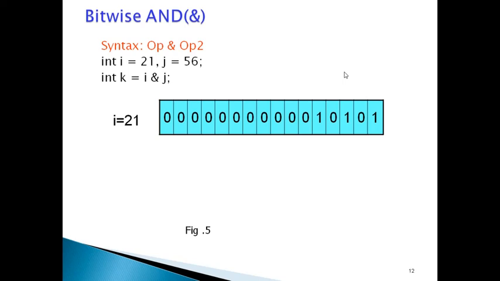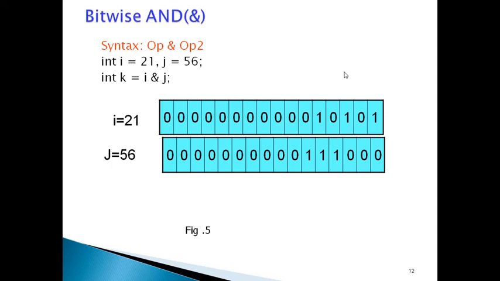The value of i is 21, which is converted into binary format. The value is 10101. The j value is 56, which in binary format is 111000.